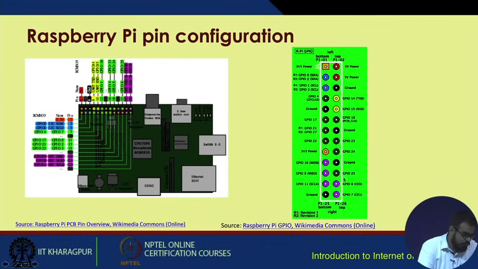You have certain GPIO pins which act as your UART, TXD and RXD, that means transmission and reception. There are normal GPIO pins, and this chart or this configuration is very easily available online.